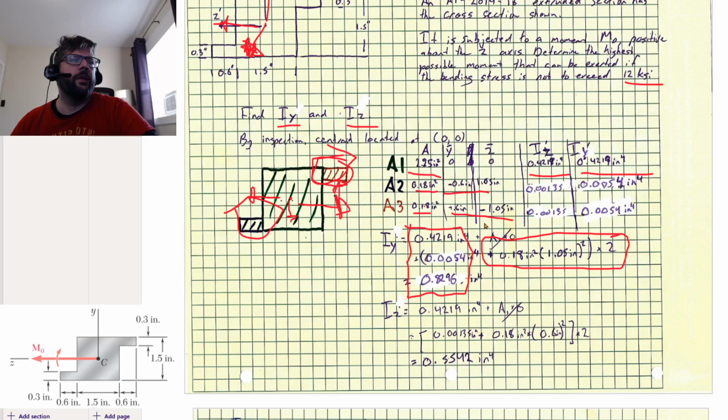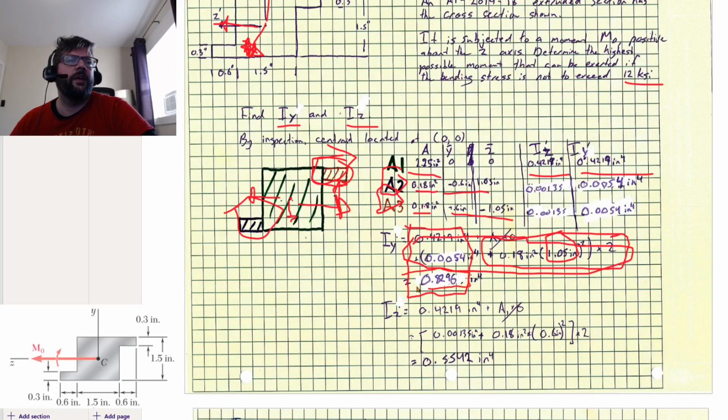Again, our area times that, and then I just multiplied that by 2 here because that's going to be identical for A2 and A3, since the only term that would change is the sign on the z, but we square that anyway, so that goes away in the wash.